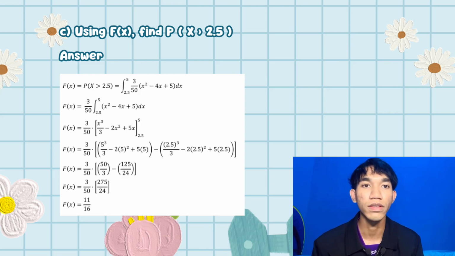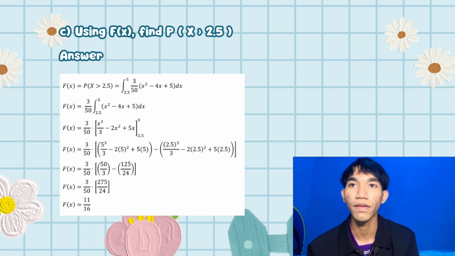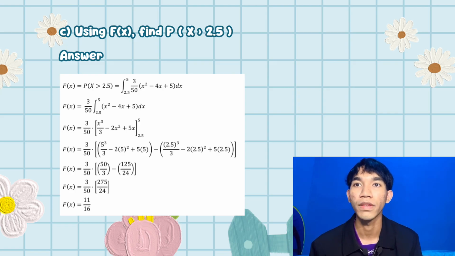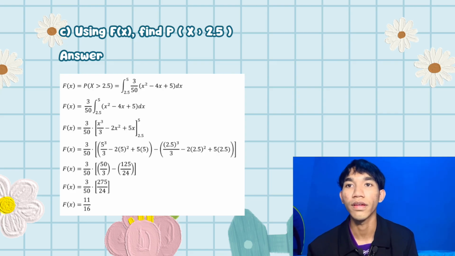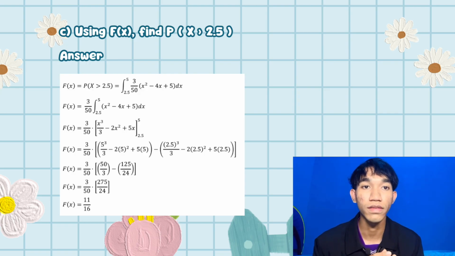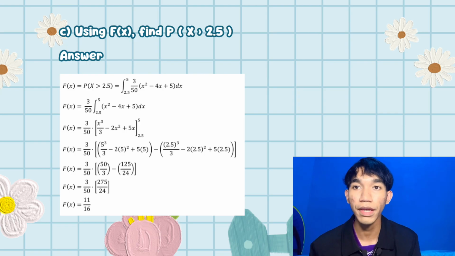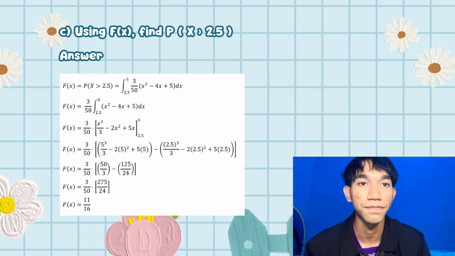And then we bring the 3/15 to the front of the integration, and we integrate the function, and then we just substitute the value of x and solve in the bracket, and we get 11/16.